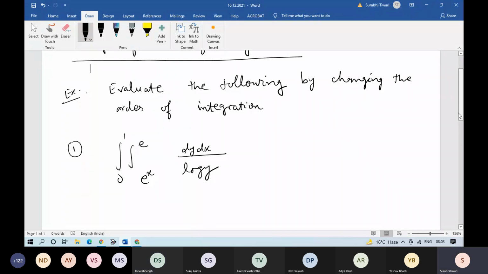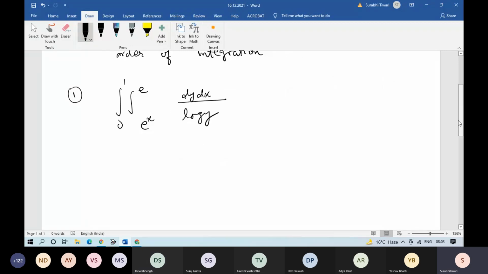Now first we have to find the region of integration. So how the limits are varying. Now this is y, so this is the limit for y and this is dx, so this is the limit of x.